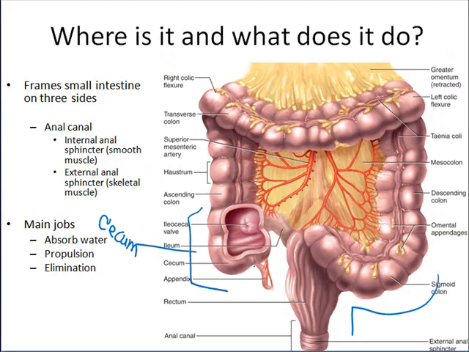It's this large portion. That's where we find the appendix, which is an evolutionarily left over structure, if you will. It doesn't serve a role really too much anymore. It was believed that it used to be a location for bacteria to exist in a time when we used to eat a lot more plant material in our diet.